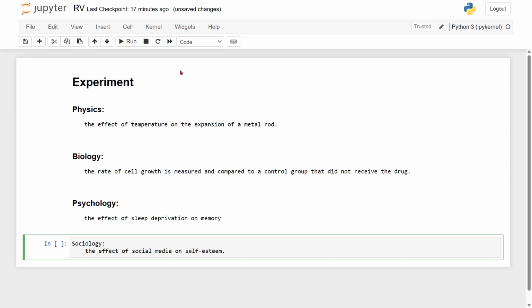Participants are randomly assigned to two groups. One group uses social media for a set period of time each day, while the other group avoids social media altogether. Both groups then complete a self-esteem questionnaire. These are all called experiments.